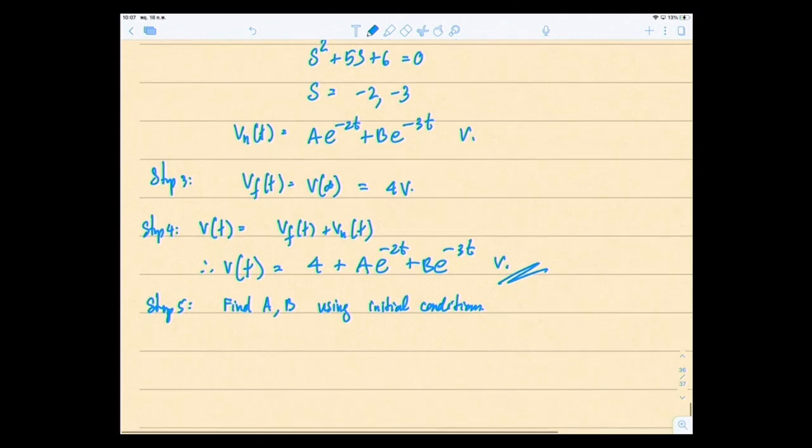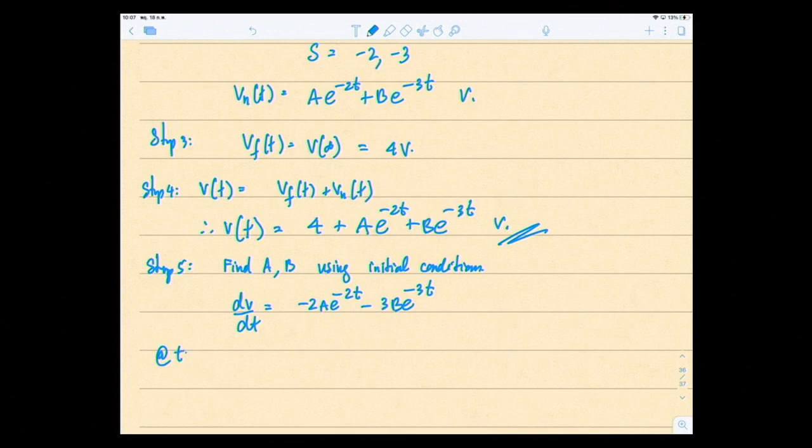So first, your V of t is that, so your dV/dt is equal to minus 2a e to the minus 2t minus 3b e to the minus 3t. Okay. So substitute at t equal to 0. V at 0 is equal to 12. So at t equals 0, it becomes 4 plus a plus b. So therefore, a plus b is equal to 8.